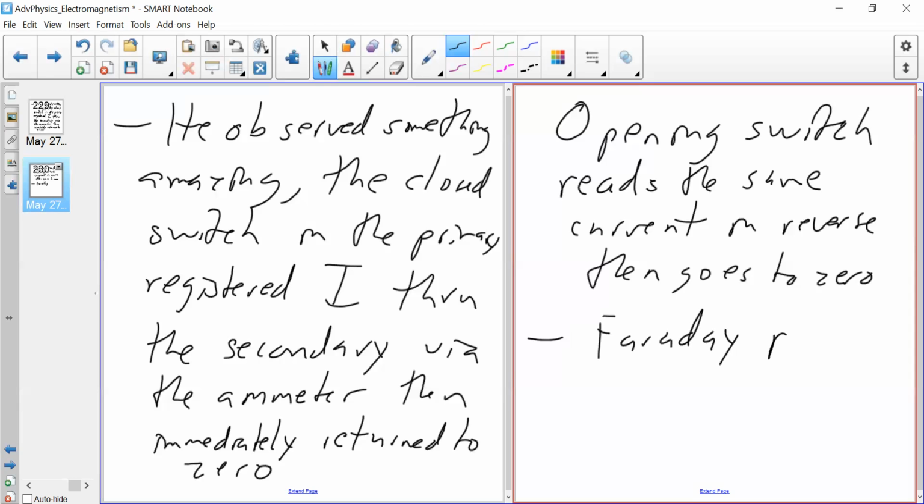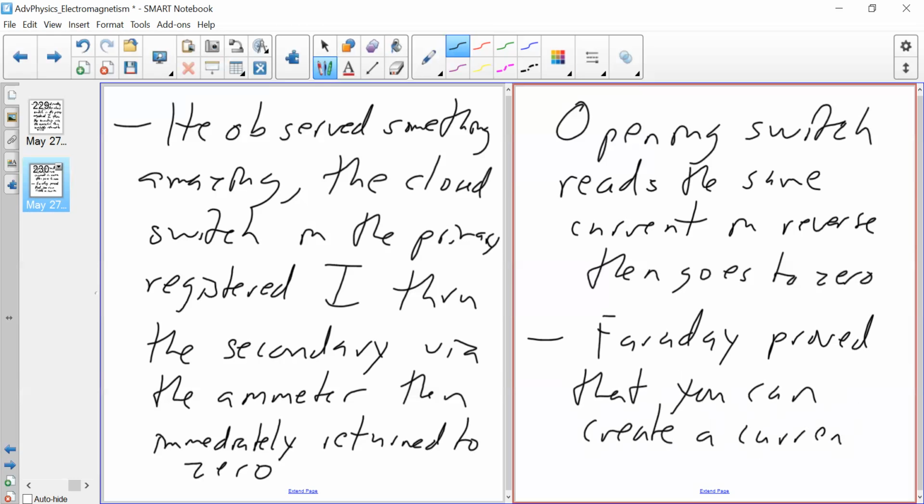So Faraday proved that you can create a current by a changing magnetic field, a changing or moving field.